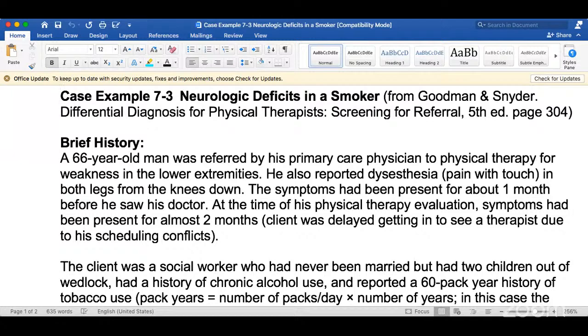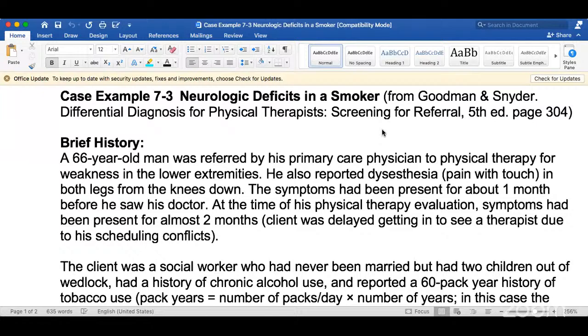Can someone read this third case study or case example? Case example 7.3: Neurological deficits in a smoker, from Goodman and Snyder, Differential Diagnosis for Physical Therapy: Screening for Referral.